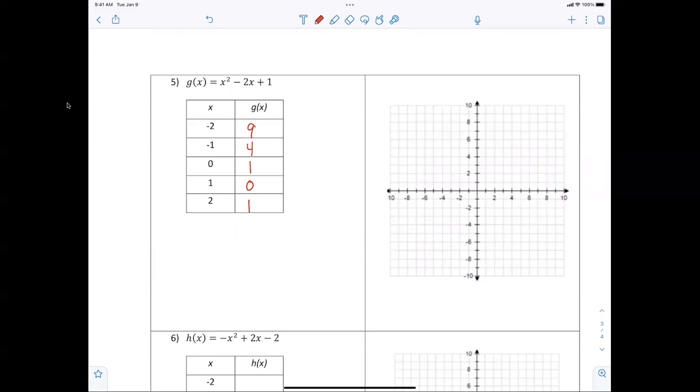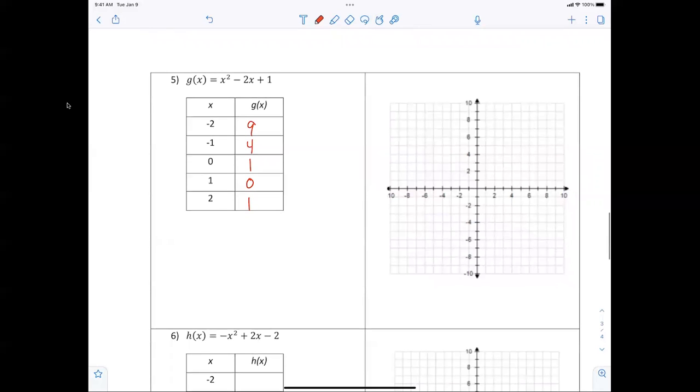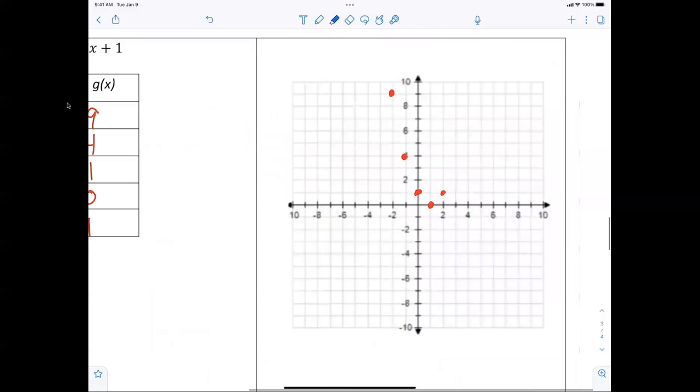So here we go. Let's plot these points. There you have it. Those are my points. Now let's draw the axis of symmetry.